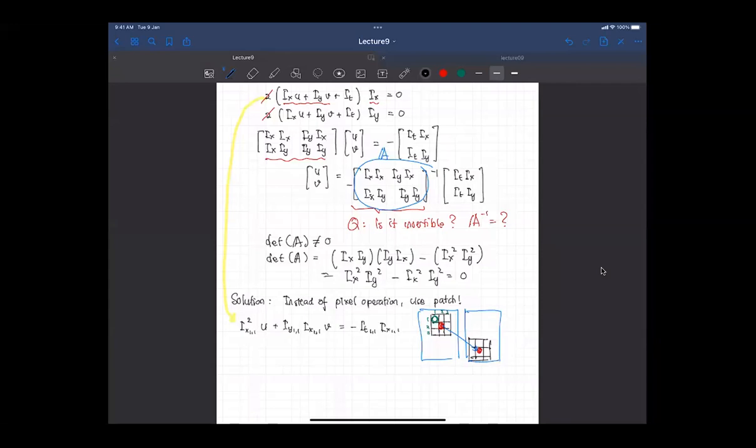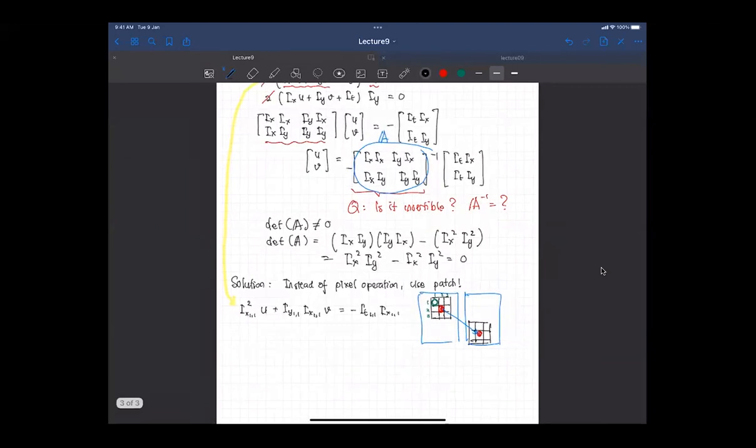Agree with me? Is it correct? Okay, so that's for one pixel at the corner there. We have to do this for every pixel, so in the end we will have 9 equations.